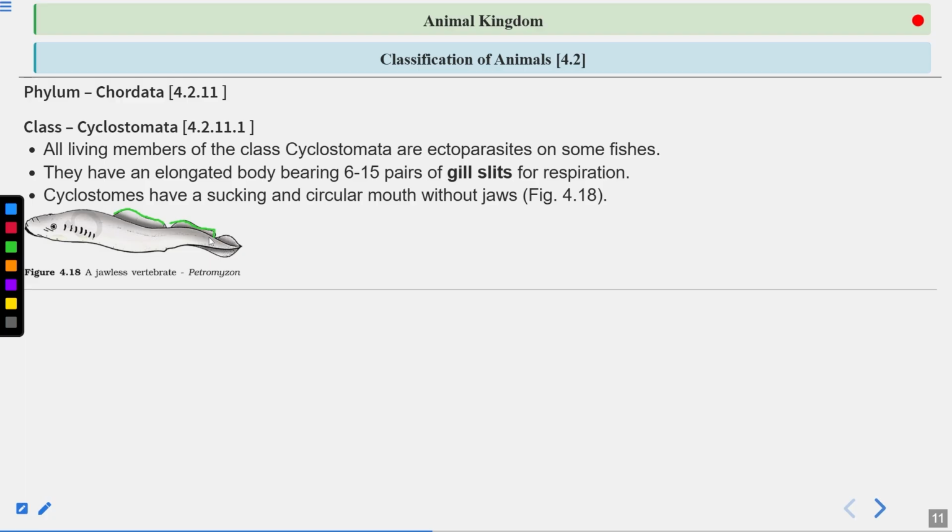They are not in paired form, right? And you can see these are the gill slits. This is the gill slit that is present in the pharynx region. So gill slits, 6 to 15 pairs. See, think about this mouth. The mouth is sucking type, a circular mouth without any jaw. They do not have the upper jaw or lower jaw like we have. Okay.